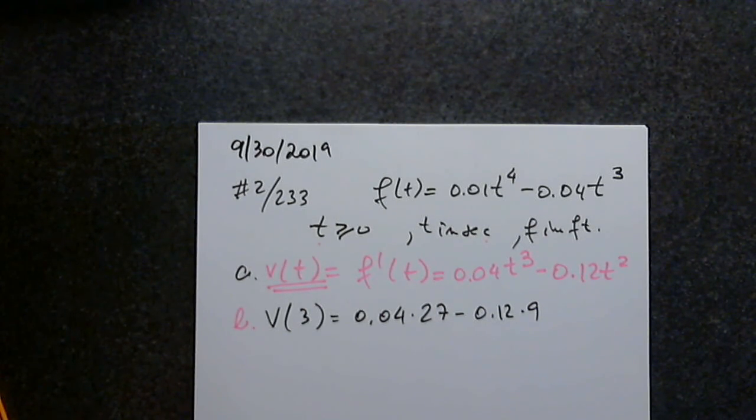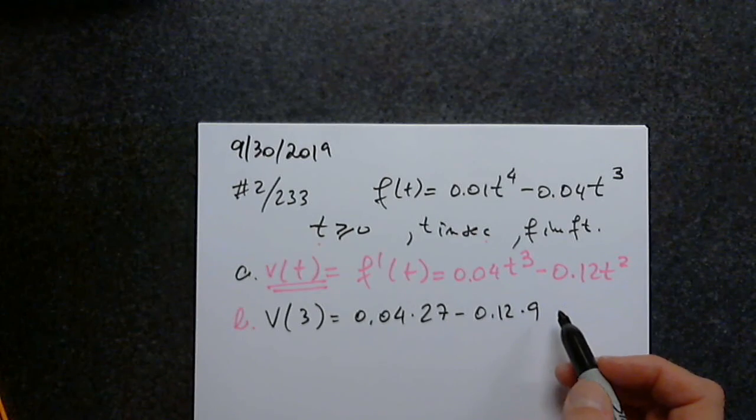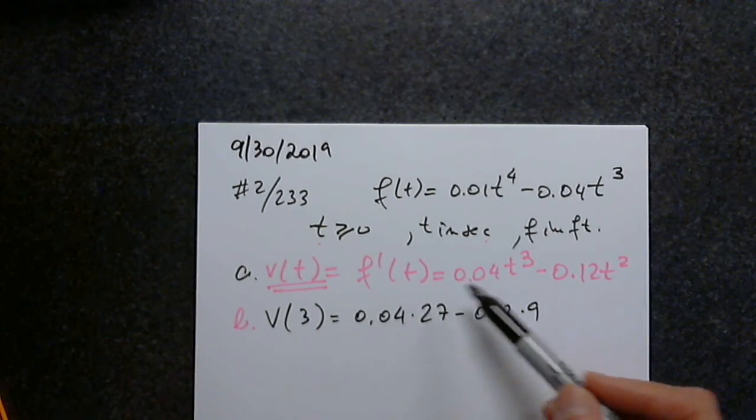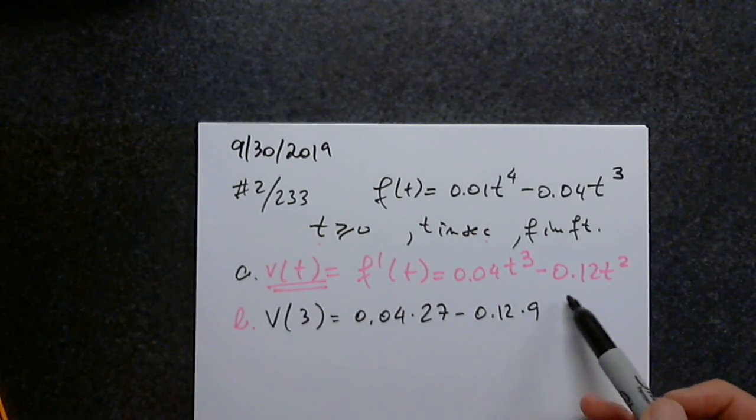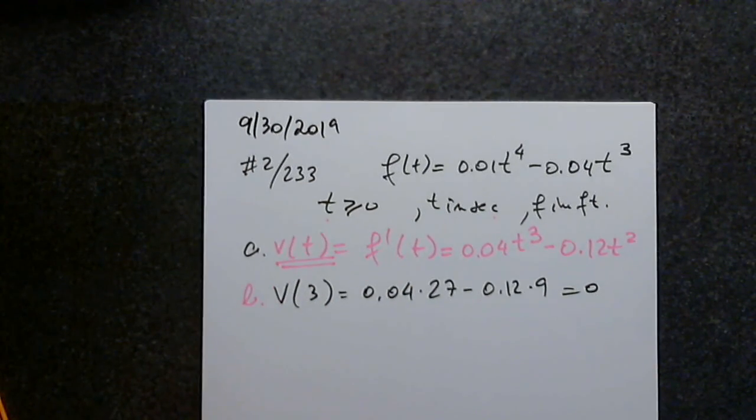I'm lazy tonight, as you see. 0.04 times 27 minus 0.12 multiplied by 9. Correct my numbers always. So I got 0. Is that okay? Did anyone else get 0? Yes? Perfect.